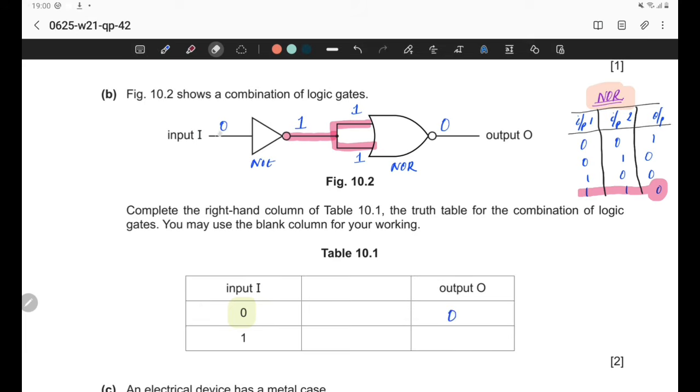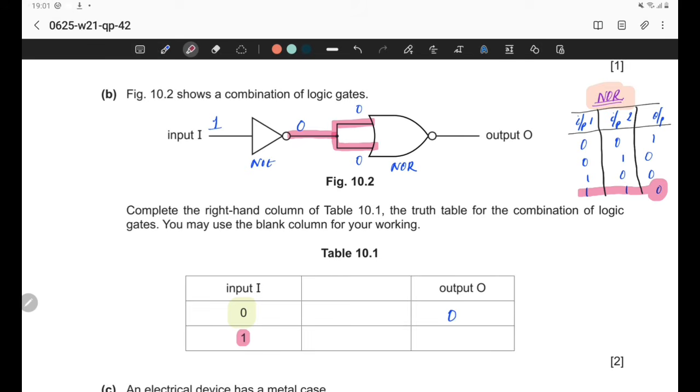Now we can see, when the input is 1, what will happen? At the output of the NOT gate it will be the inverted value, so we will get 0, and the 0 is connected to both inputs of the NOR gate. So at both sides we have 0, 0.